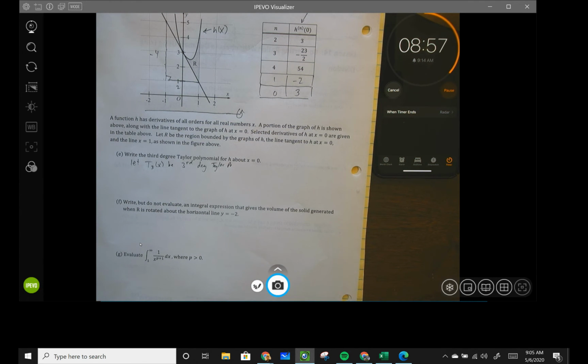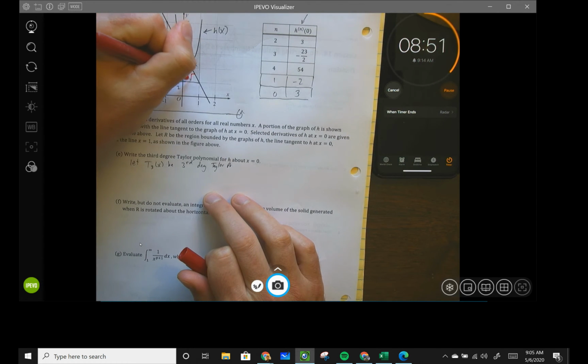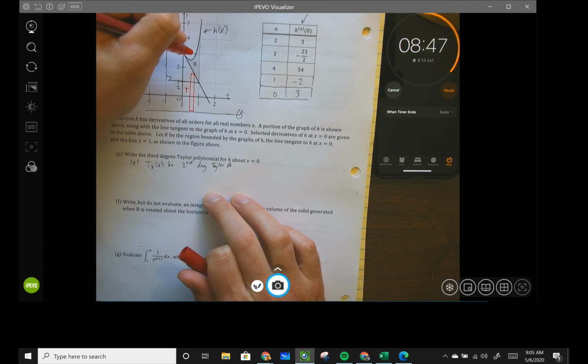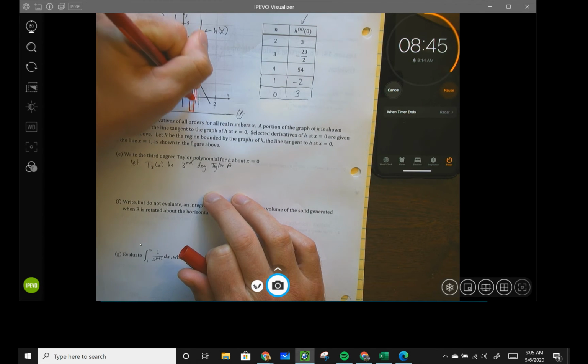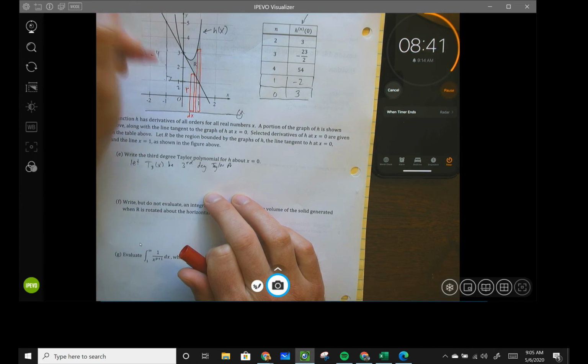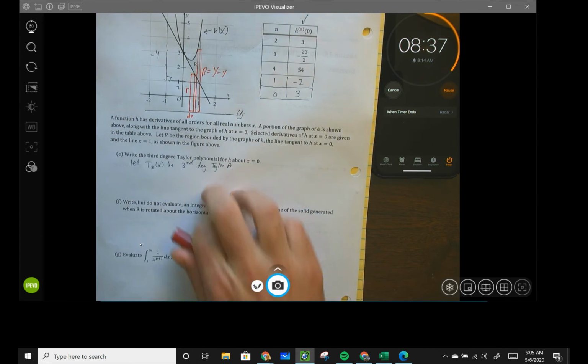And so this is going to be a washer. There's a little r, and there's a big R, and there's a little width dx, so I know it's going to be a dx thing, and these are big y's minus little y's.